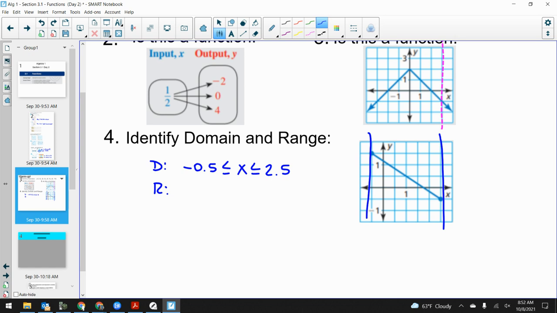Same thing for my range. Each box is a 0.5. So I go all the way as low as -0.5 and all the way up to 1.5. Two questions. First question. If it's continuous, wouldn't the numbers just keep going? Only if I had arrows on the end.